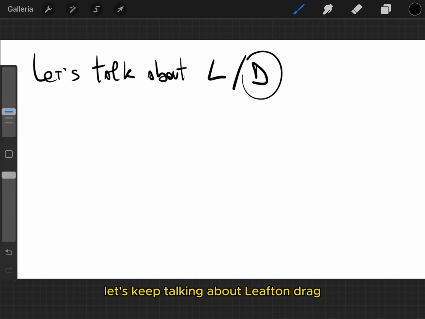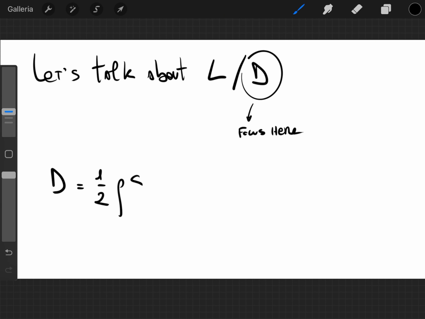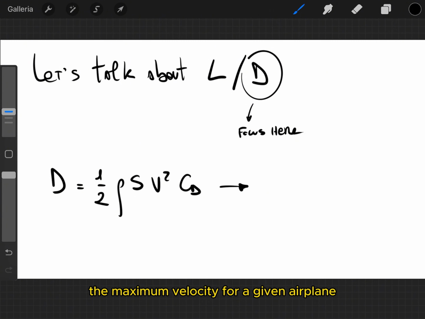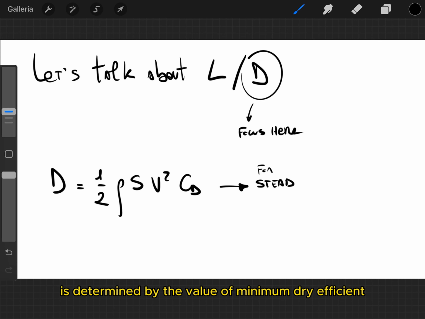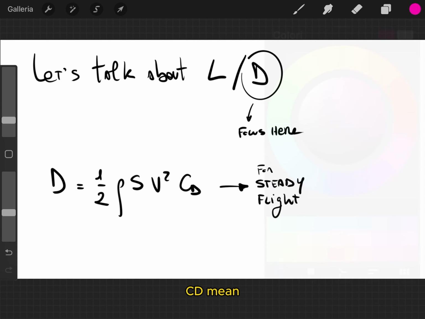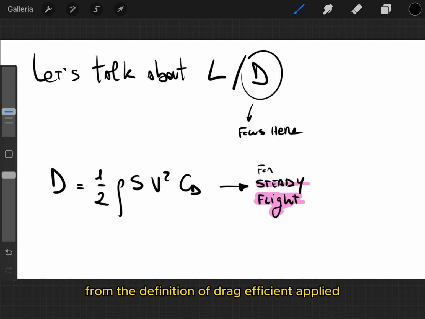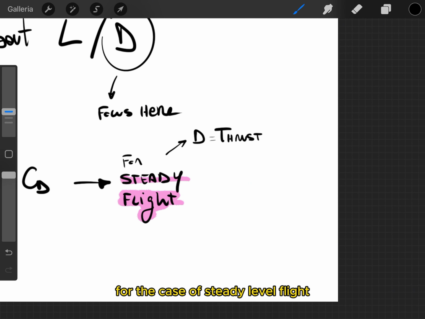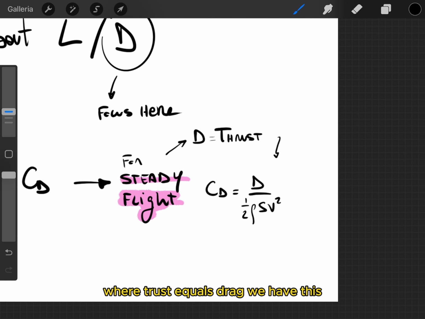Let's keep talking about lift and drag, but now let's focus more on drag. The maximum velocity for a given airplane with a given maximum thrust from the engine is determined by the value of minimum drag coefficient, CD min. From the definition of drag coefficient applied for the case of steady level flight where thrust equals drag, we have this.